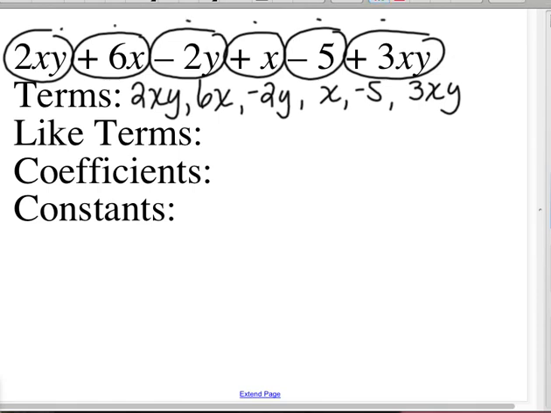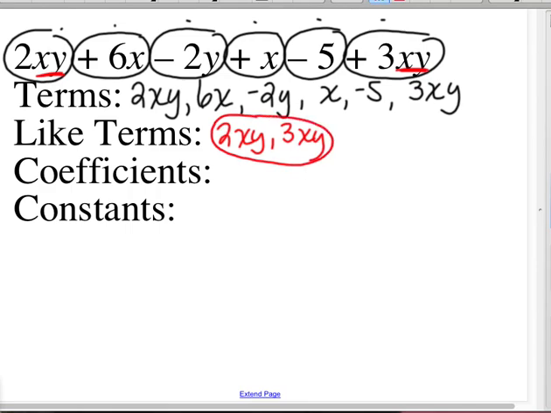6 terms. Okie doke. Who are my like terms? Who goes together? Oh boy. I start at the left side. I notice I have an xy. Are there any other xy's? Clear here at the very, very end. 2xy goes with 3xy. Remember, they have to match identically, and the xy and the xy go together.